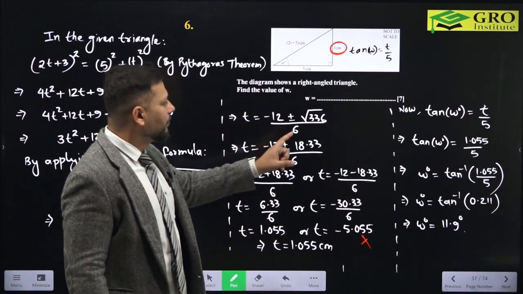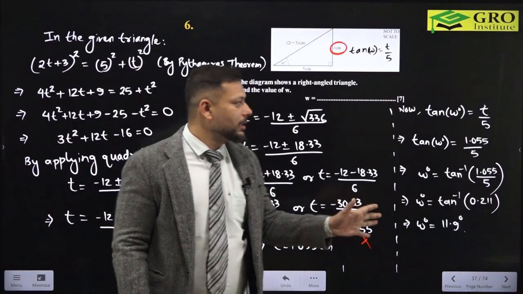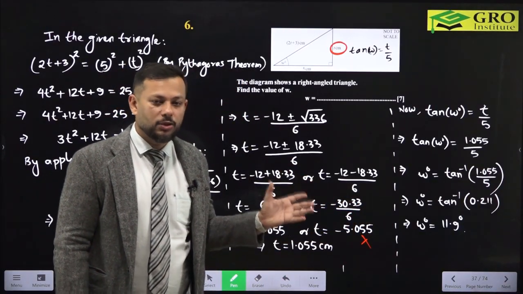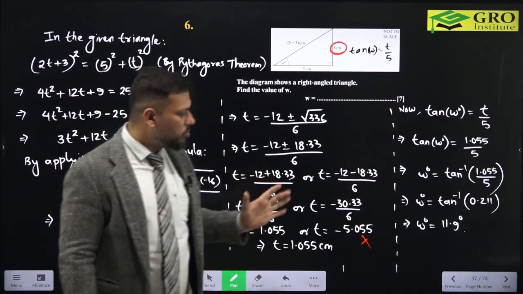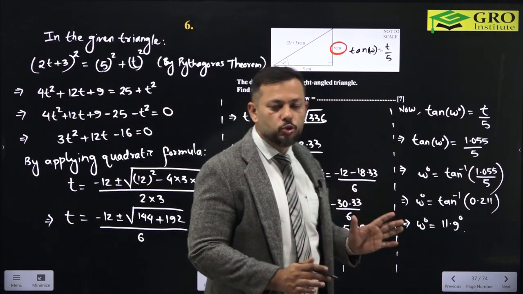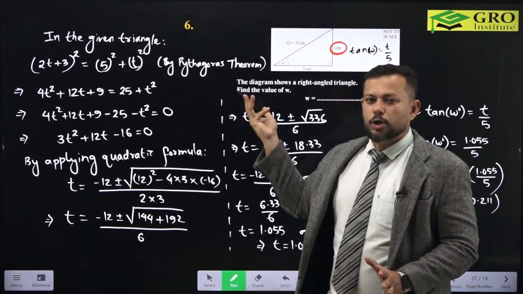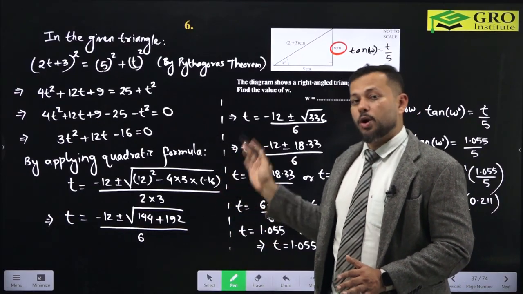You can see that this question consists of 7 marks, guys. It's among the most valued questions in this whole paper. This single question is of 7 marks. So we need to be very careful about the steps that we choose to write. We started with Pythagoras theorem and getting the value of t. We got the value of t by using the quadratic formula.